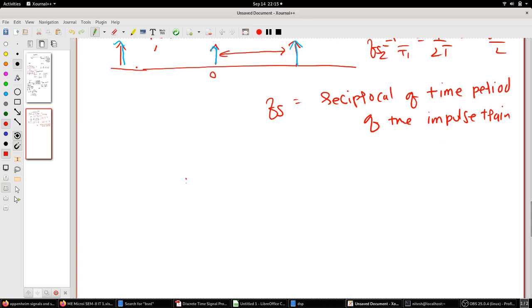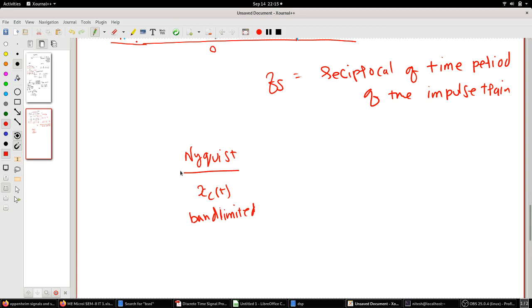Now what Nyquist criteria says is, for any band limited signal, so xc of t we know is a band limited signal, meaning it's got a finite bandwidth.